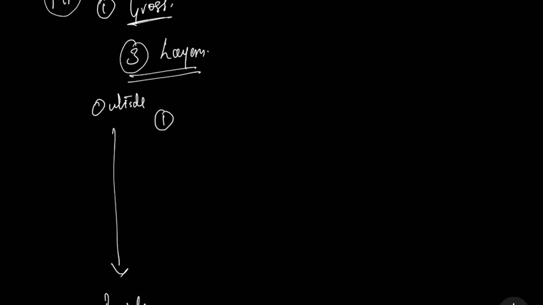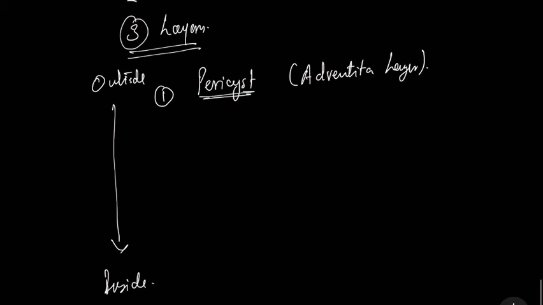From the outside, the first layer is the pericyst. This is an adventitia layer, a fibrous tissue which is blended with the liver parenchyma.